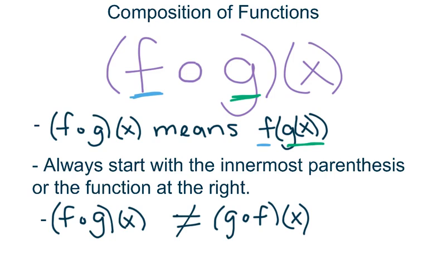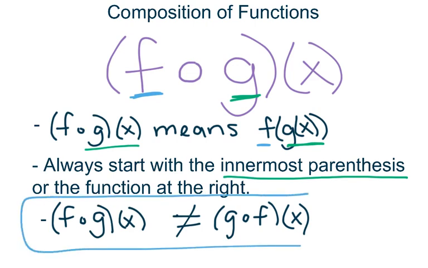That's what you would do. You're always going to start with the innermost function, parentheses, or the function at the right. So you have to pay attention to the order of the letters, because f of g is not going to equal g of f. Okay, I know that's really confusing. We'll do some examples.